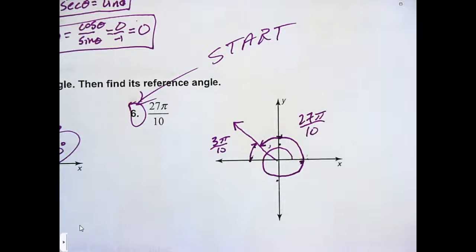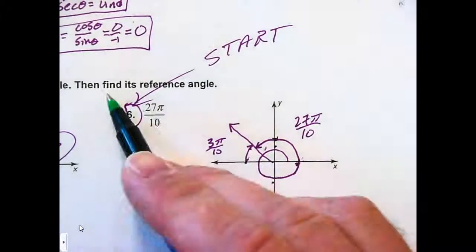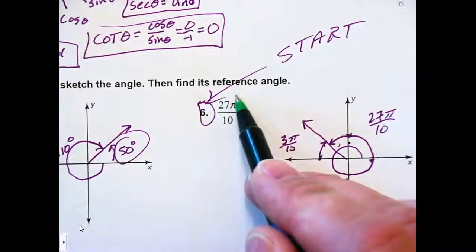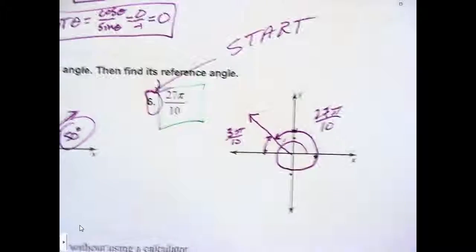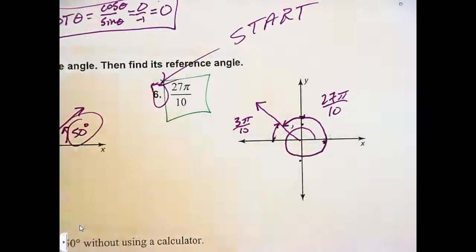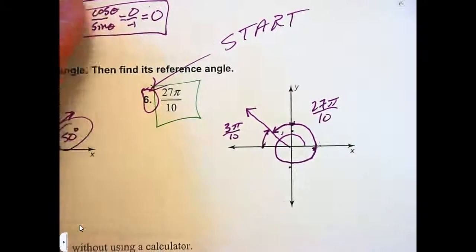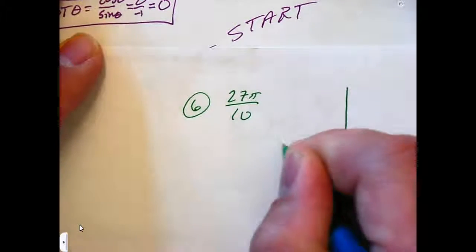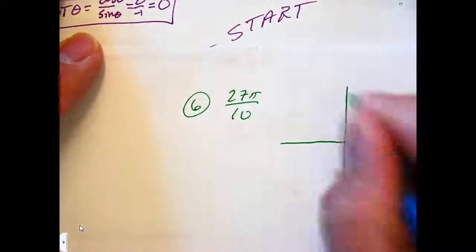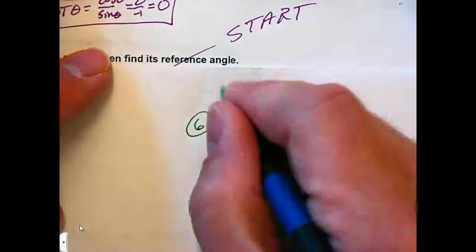So I want to go back to this problem, number 6, which said I want to find the reference angle of 27 pi over 10. This was on page 256 of our student journal. So I'm going to re-sketch that problem, number 6, 27 pi over 10, and we're supposed to find its reference angle.